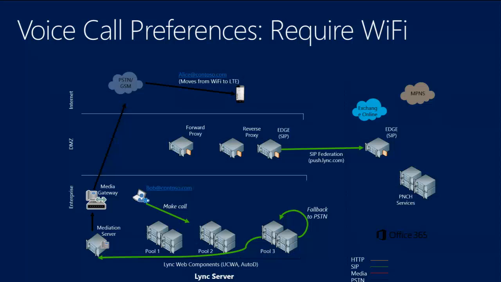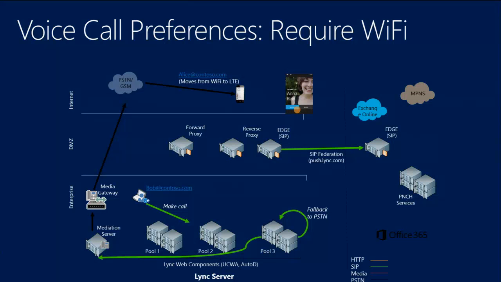And in that scenario, the media flow is just what you would expect in a typical PSTN call. Yes, sir? You can do it as a user policy setting that you can turn those on and off. And then Alice gets the call.